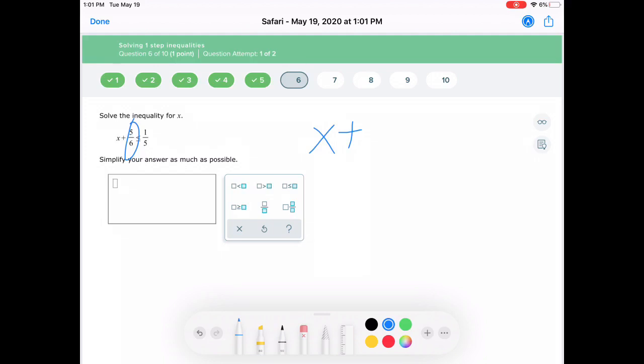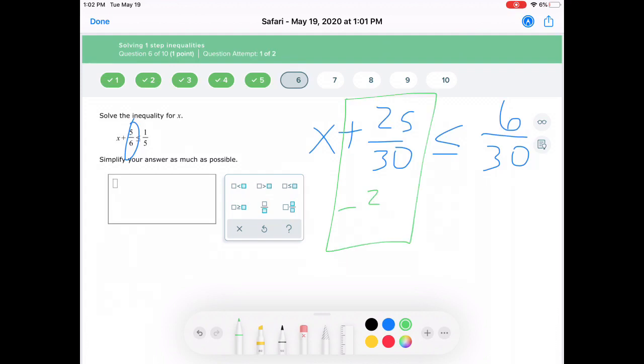So I'm going to multiply both of these by 5, so I'm going to have 25 over 30. And to change 1/5 so it has a denominator of 30, we have to take the 5 times 6. So I'd have 6/30.